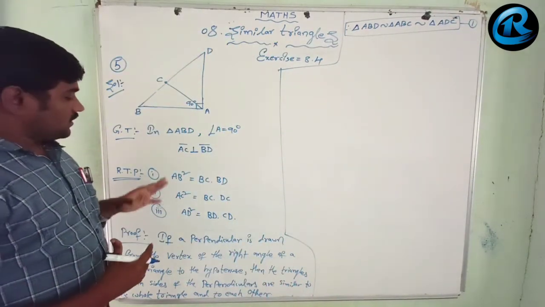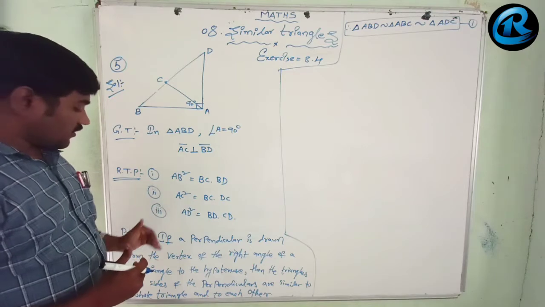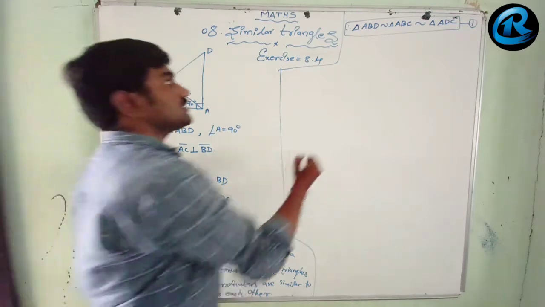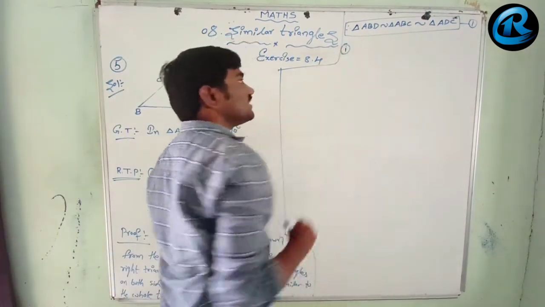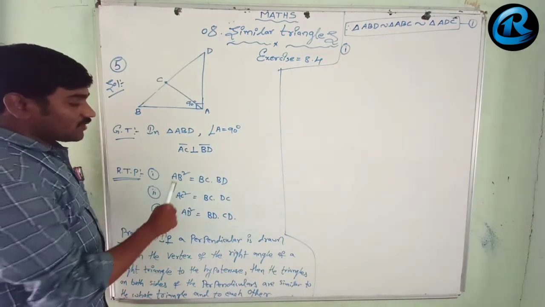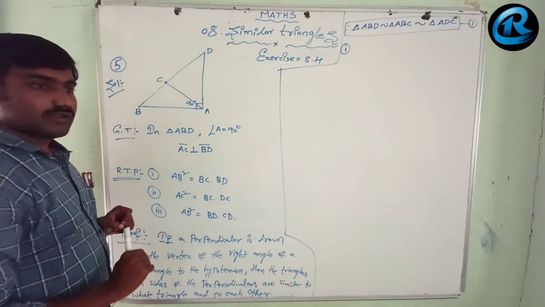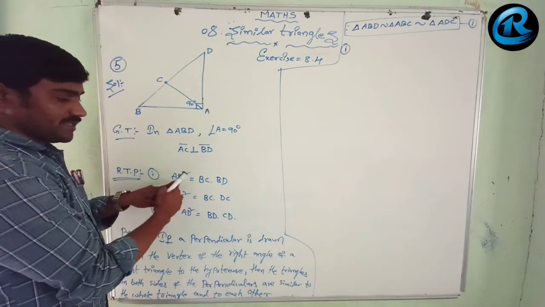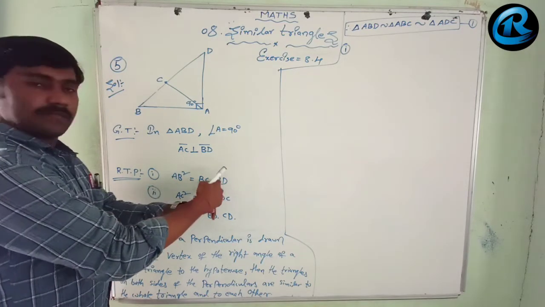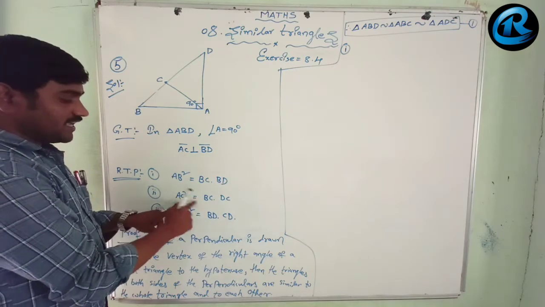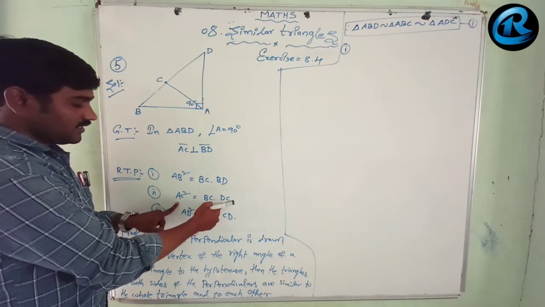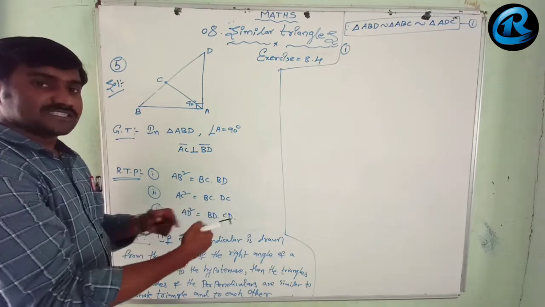Now what we need, we have to go for the proofs. Now the proof number 1. In the first proof, which two triangles we have to take to prove this? Already I told you how to make this. Very simple. AB by BC, BD by AB. Finished. Here AC by BC, DC by AC, the perfect corresponding sides.